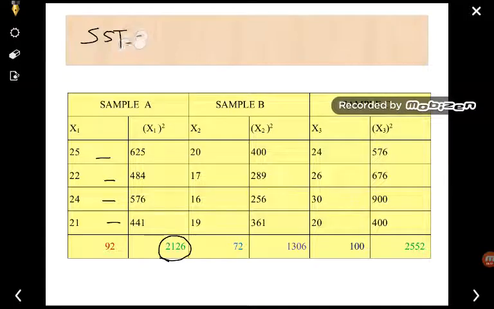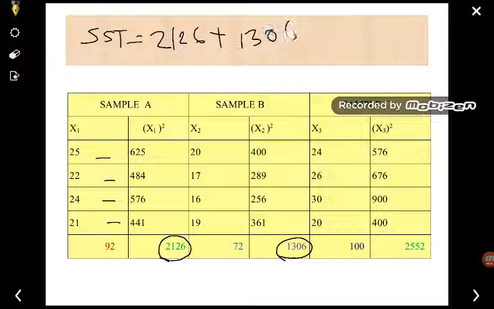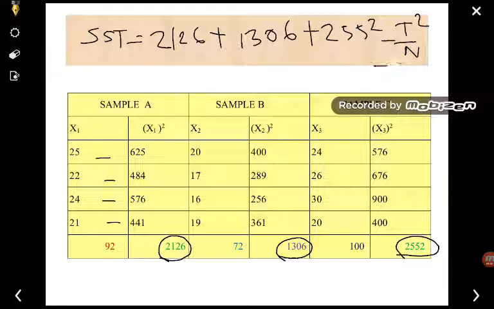SST is equal to 2126 plus 1306 plus 2552, minus T square by N. The value of T square by N is 5808.